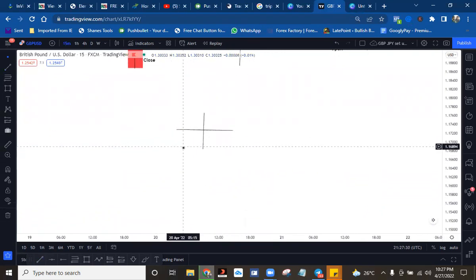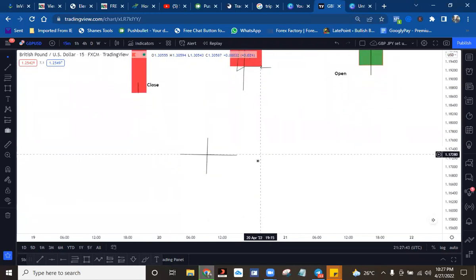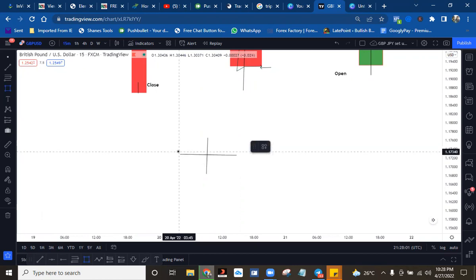Unlike the normal candlestick that has a good opening and closing position, where you see the body very clearly, the doji has almost no body. This is actually the body, but it is very, very tiny. Why? Because the same place where price opened was the same place price closed.